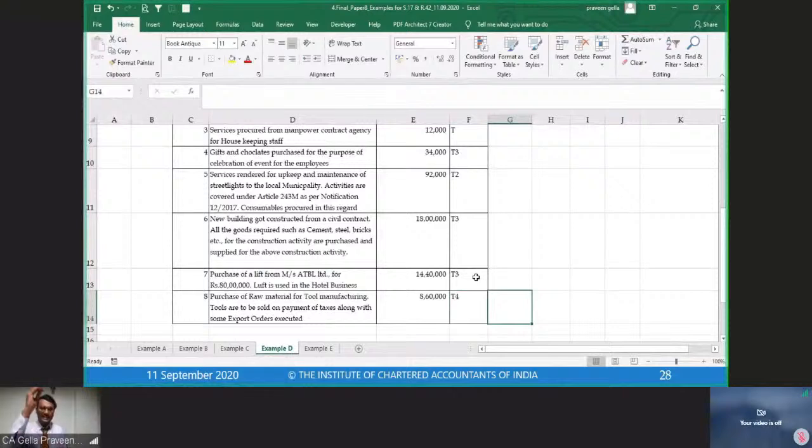Now friends, this is one bifurcation which is relevant for us to understand how my equation of ineligibility comes into question under section 17 subsection 5. If you feel that this is becoming more technical, please bear with me, because the examination questions are going to be set in this particular backdrop.